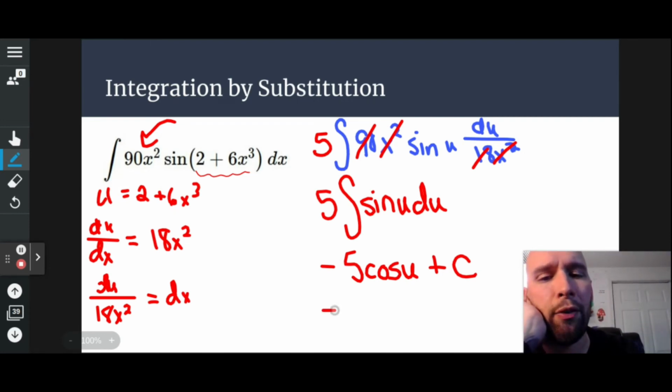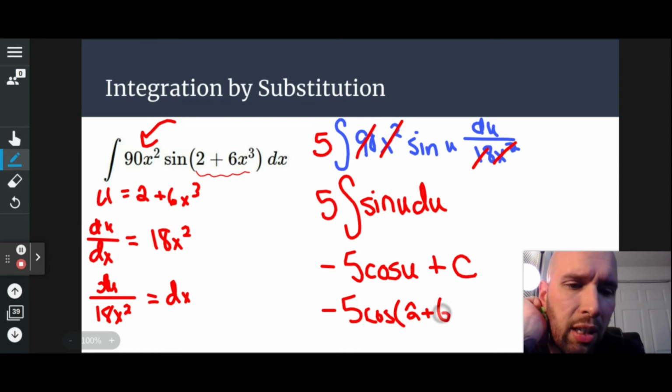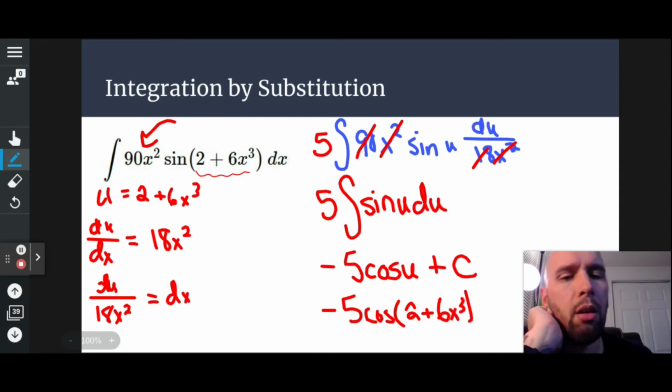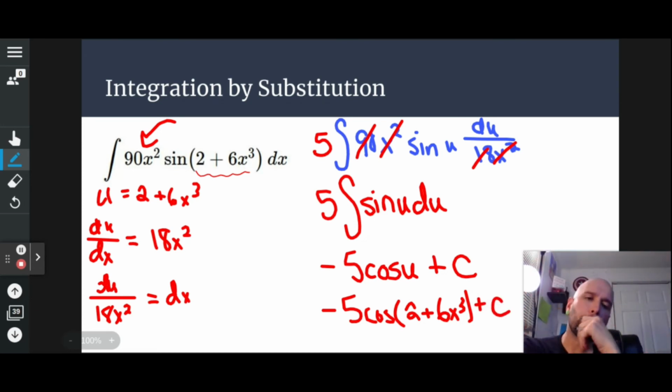So I have negative 5 cos of (2 plus 6x cubed) plus c. That's integration by substitution.